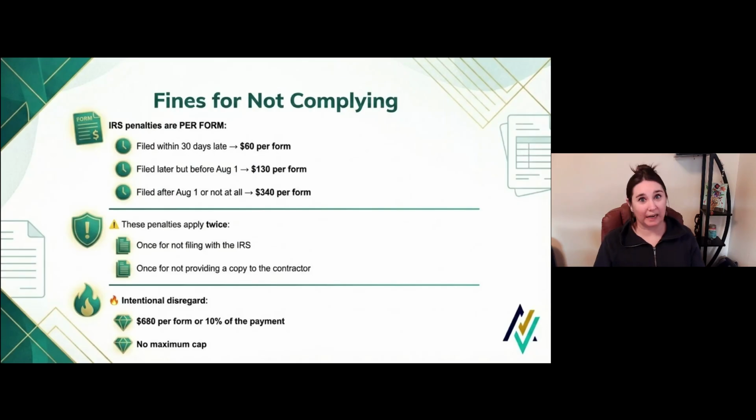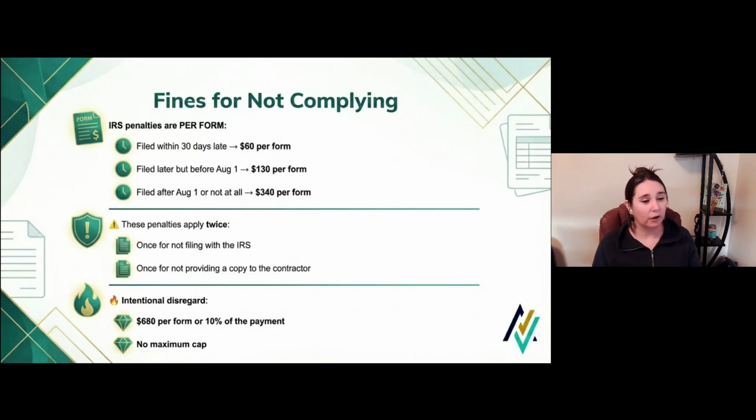There are fines with the IRS if you do not comply with this. Of course, if you do your best effort in obtaining this information, then that's the most that you can do. But just so you are aware, there may be fines that the IRS does tack on. I haven't personally seen any fines. Even if we file a little bit late, we're still getting it out, which is really the important piece.